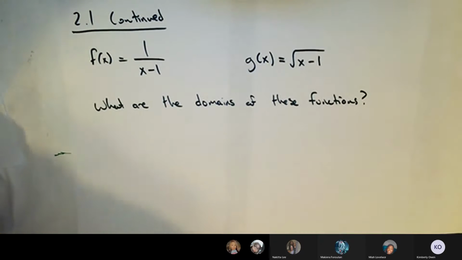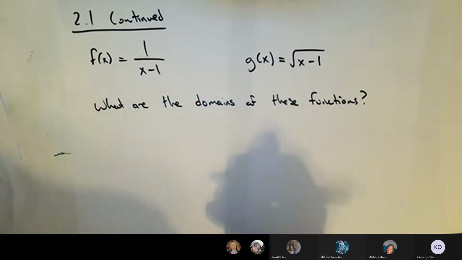Also, the whole discussion about range, we'll talk about that a little bit more in later sections. I believe it's section 2.5 when we start talking about that. Maybe 2.6.